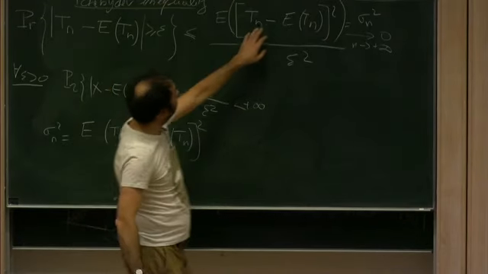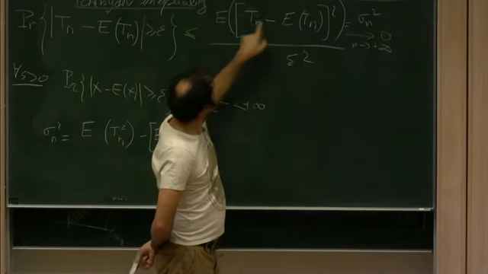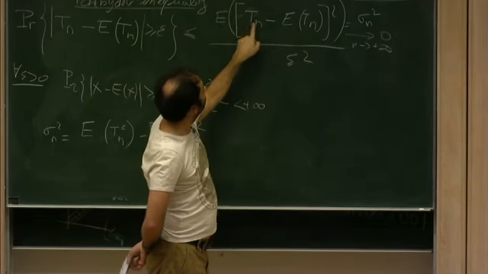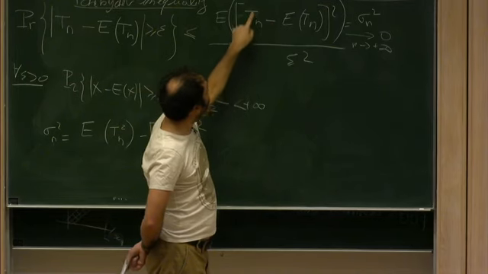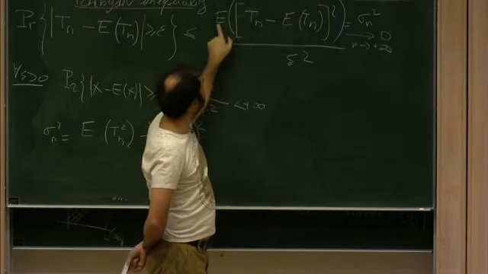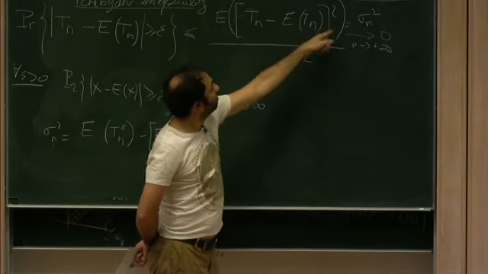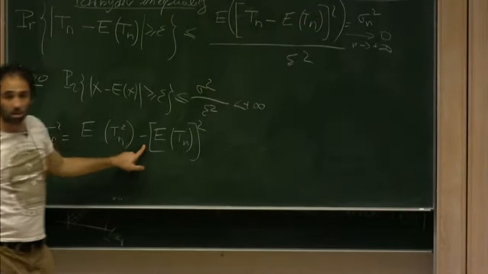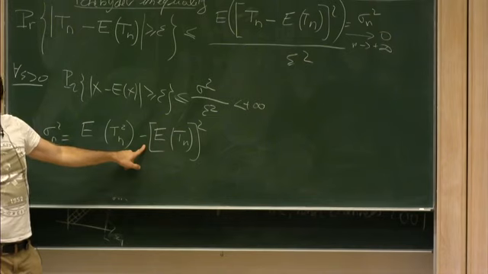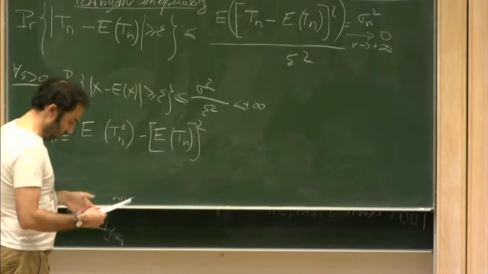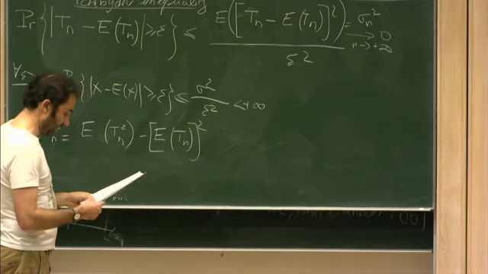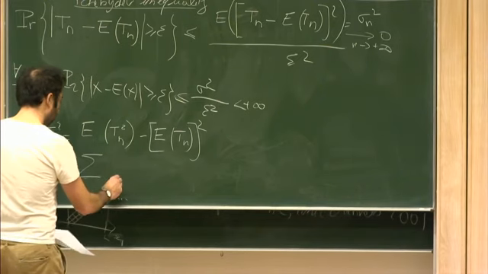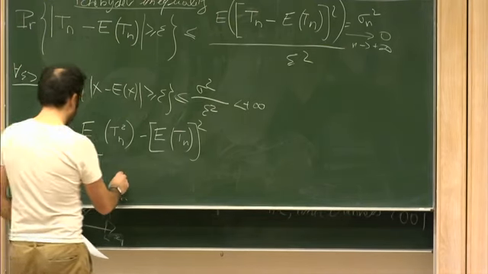Because you have the square here. So I put it squared, so Tn squared minus twice Tn multiplied by this, and you take the expectation of this, plus expectation of Tn squared, so you are left with this one, right? You double check everything. All right, this is what we get, and now we need to do this calculation. So this is the expectation of the sum.